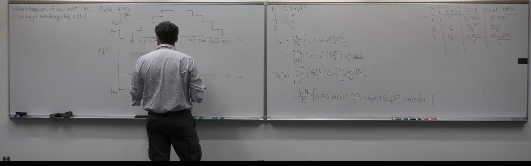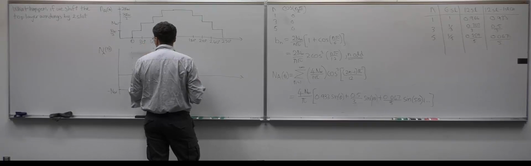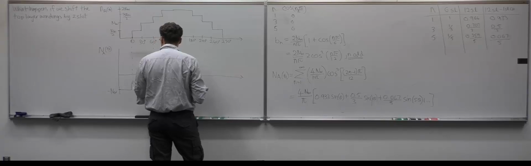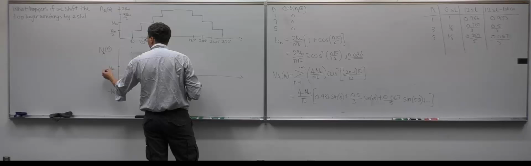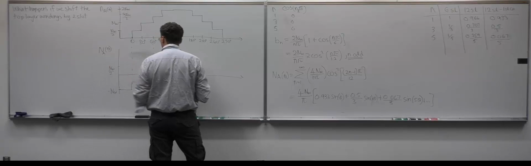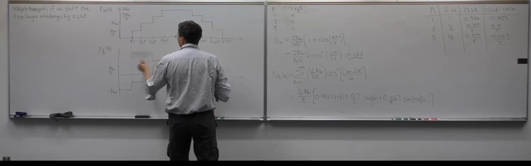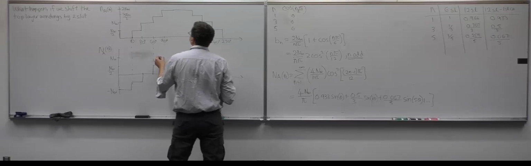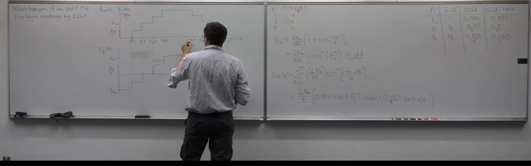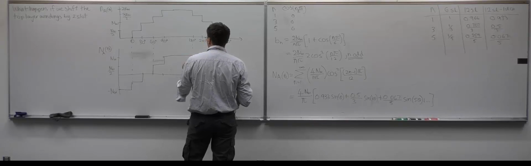And then that doesn't change till 90, where we go up by 30 degrees. So that would now be NW over 2, and then we go up again to NW, and then we go across to here, and then we go back down like that.